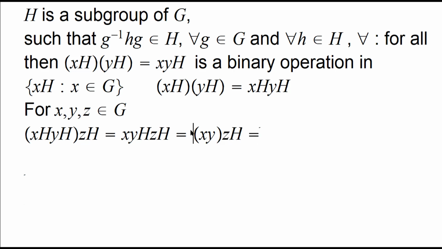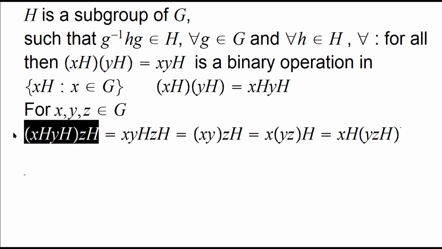Now since the binary operation in Z is associative, I can interchange these, right? So we got X, Y, Z, and then H here, and then I can write this as XH, then Y, ZH. And so what we got then is this.